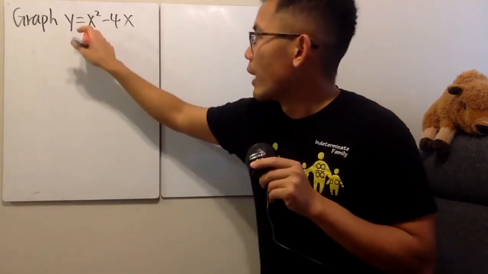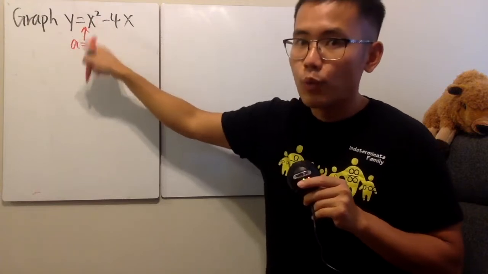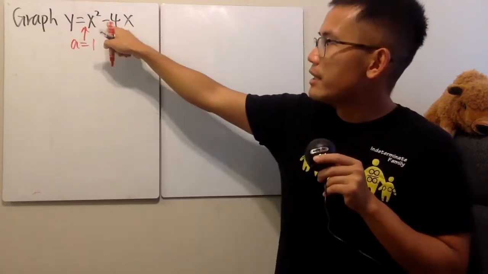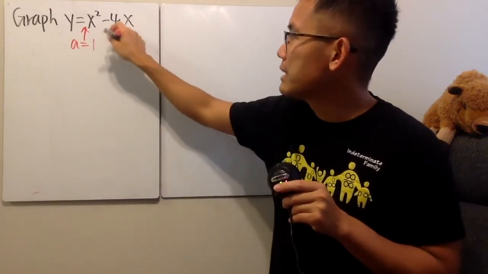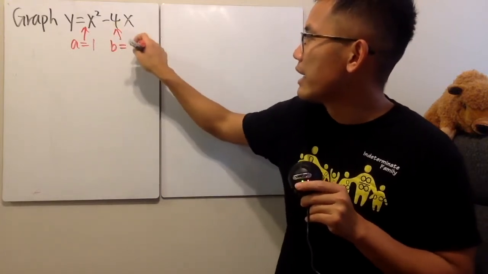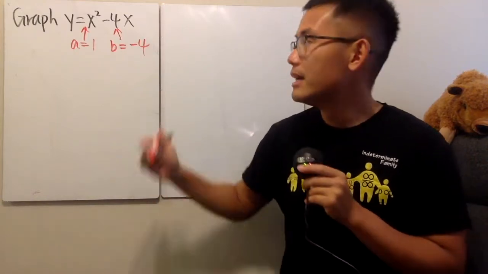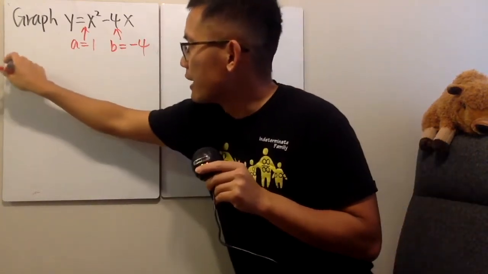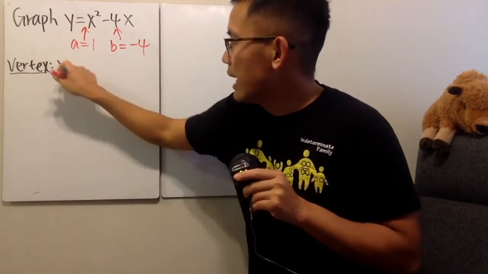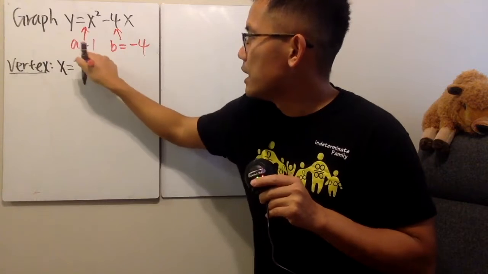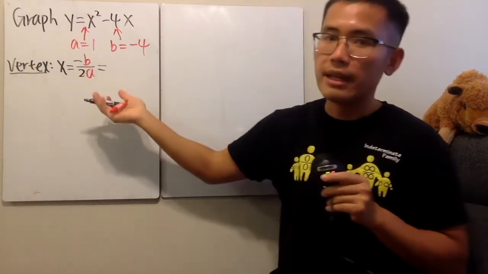So here we go. Right here, we know the a is equal to 1 because we have 1x squared. And then this right here is negative 4x. So in this case, we know that the b value is negative 4. So it's unlike the one that we did earlier. So in this case, the vertex is at x equals negative b over 2a, and then just plug in the numbers.